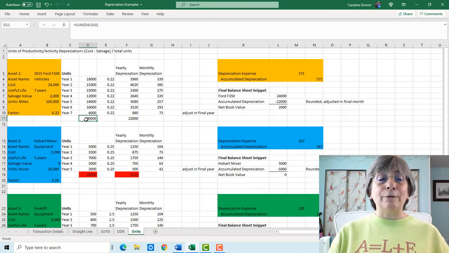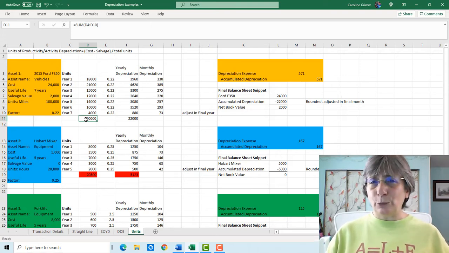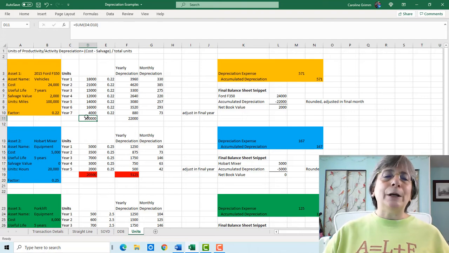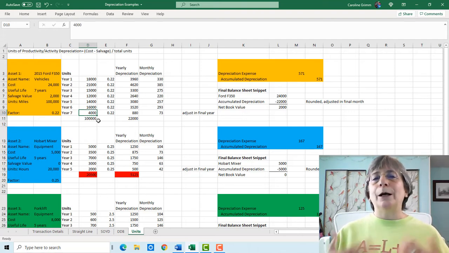Now the chances of that being the case, where you have exactly that number of hours, would be pretty rare. So really what's happening in that last year is we are making an adjustment to that estimate. So whatever we need to take for depreciation in that last year is what we're going to do.